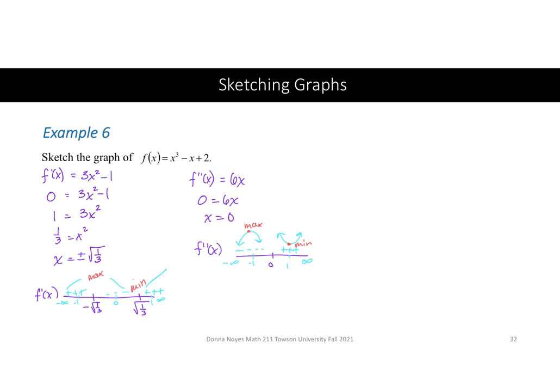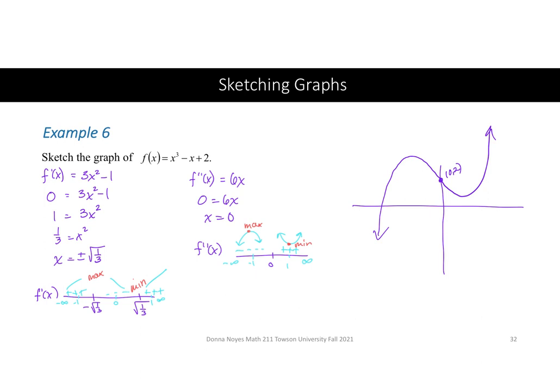So we could do the same thing as the last one, and we could find points to plot. But I'm just going to give you a general idea of what it looks like. So a general idea of this graph might be something that looks like this, right? Because at 0, we would have 2, right? This is 0, 2.